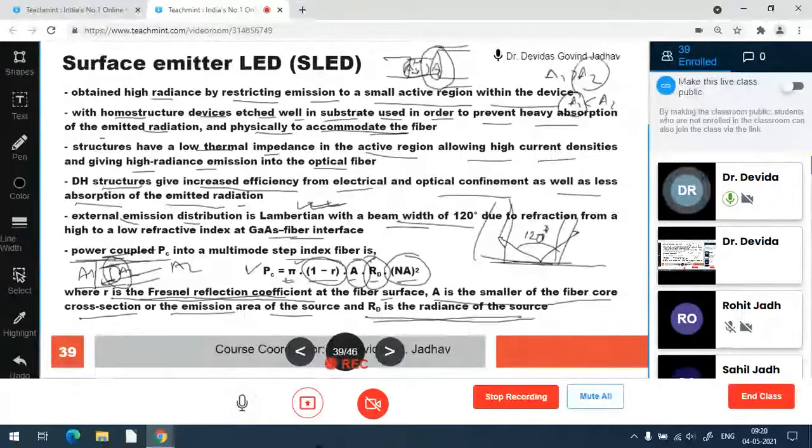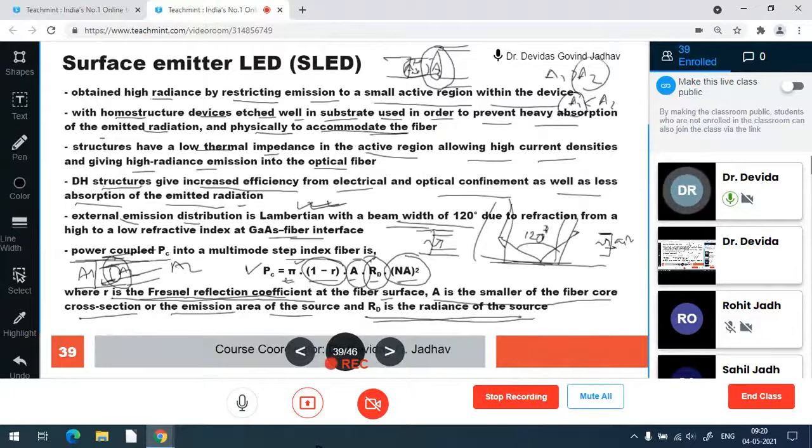Whenever there is one medium, suppose the source, and immediately another medium, that is the fiber, glass. From semiconductor to glass there is a change in the medium, or you can say there is glass in which the light is traveling and there is air.